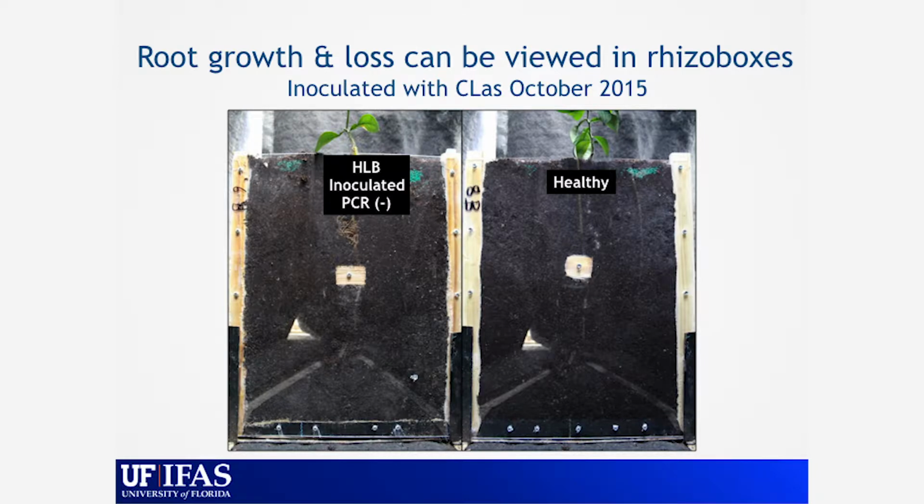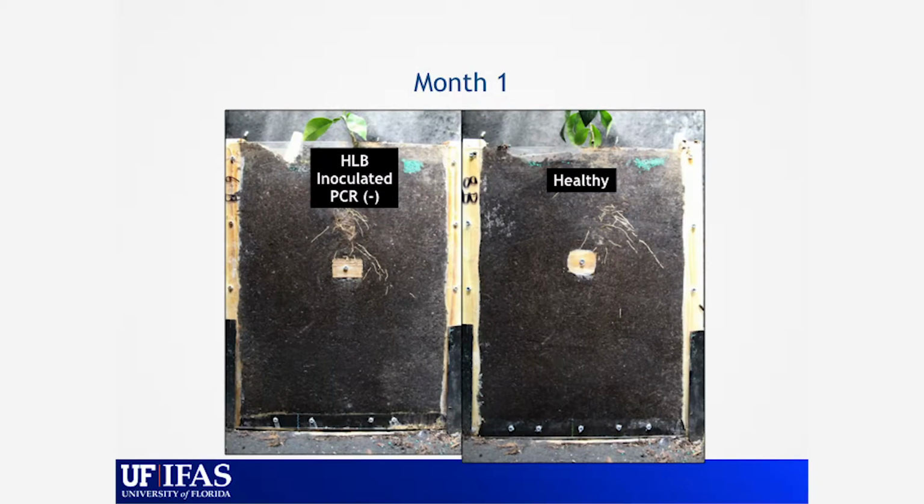These are Swingle citrumelo seedlings planted in these boxes. You can see the root growth on this plexiglass front panel. With time after inoculation, at 1 month, you see root growth occurring in both cases, pretty much the same for that month.